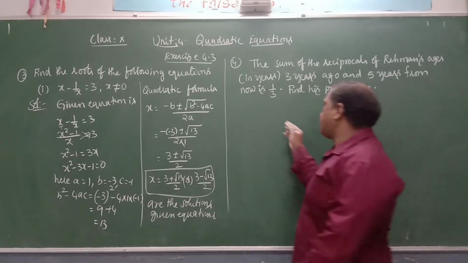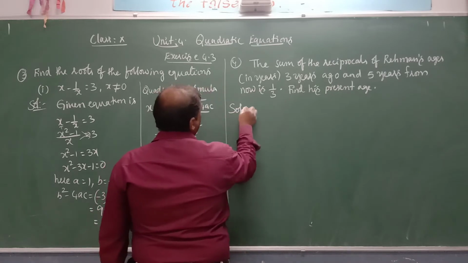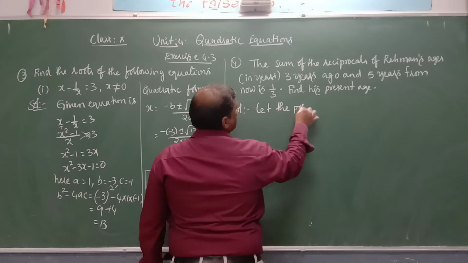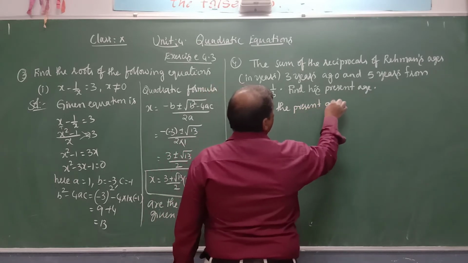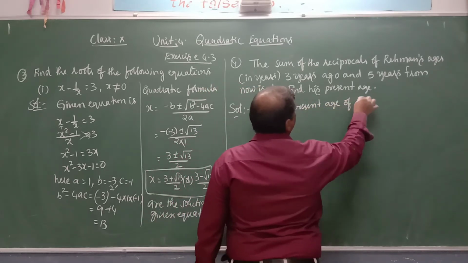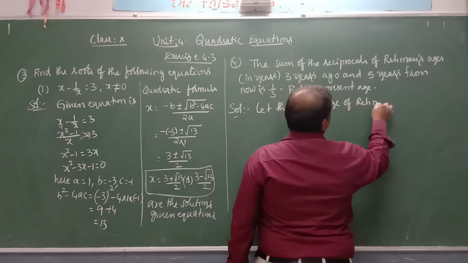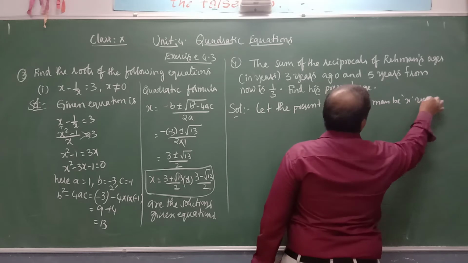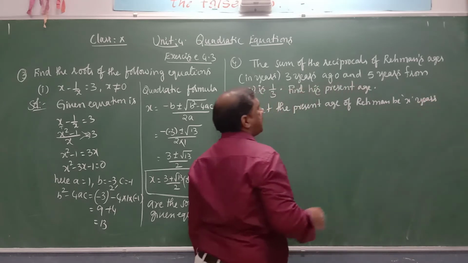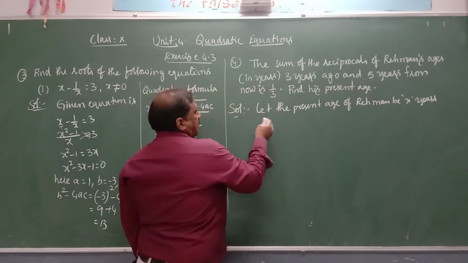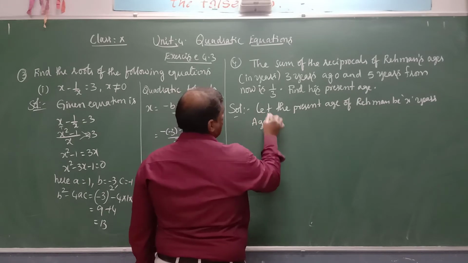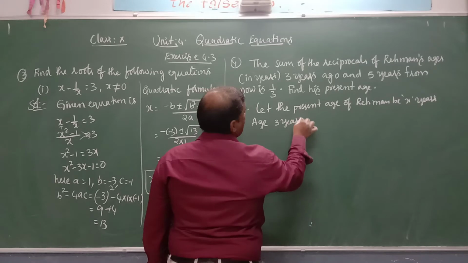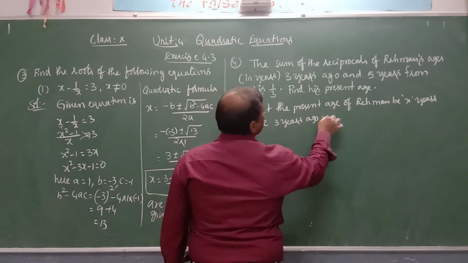So let the present age of Rahman be x years. Now, age 3 years ago, that means before 3 years.